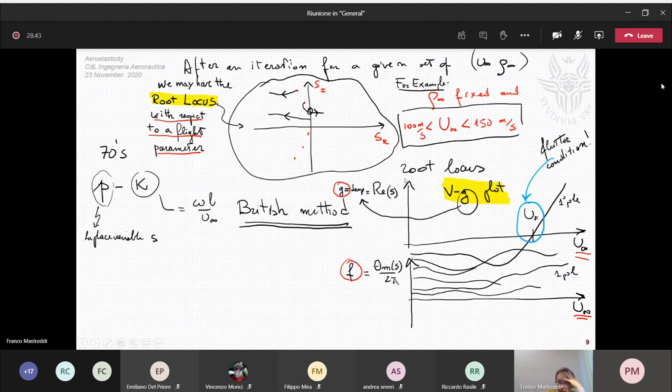Now, typically, what is intended by g is probably not the real part, but the ratio. Typically, g is a damping coefficient, and then it's not the real part of the poles, but typically the ratio between the real part and the imaginary part.